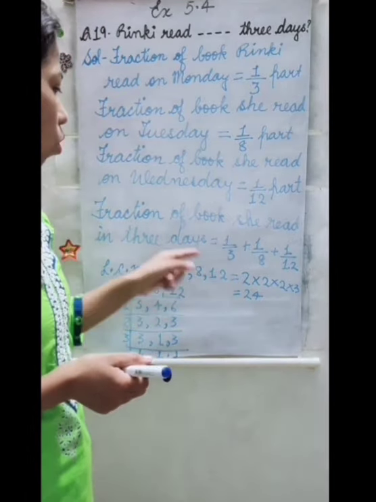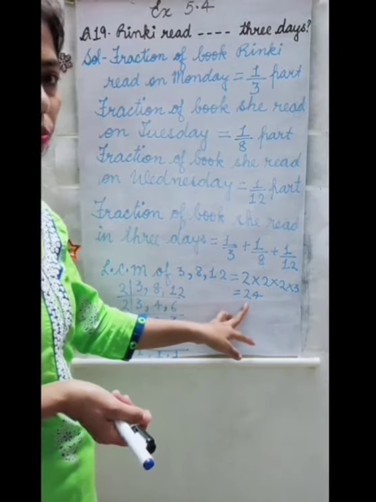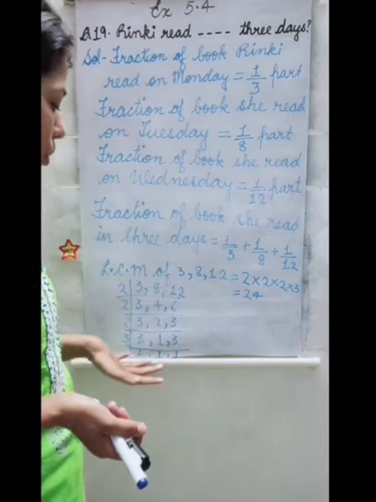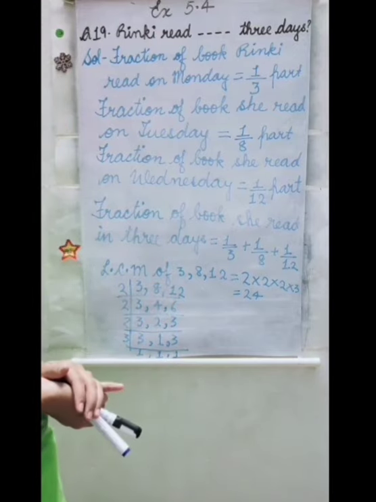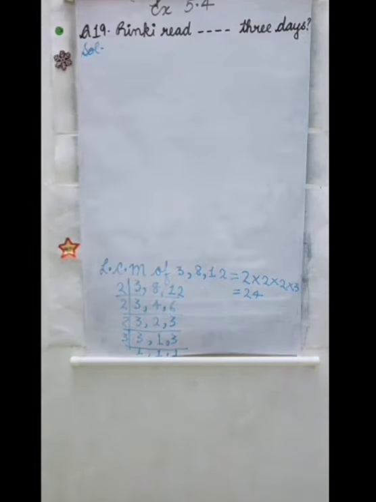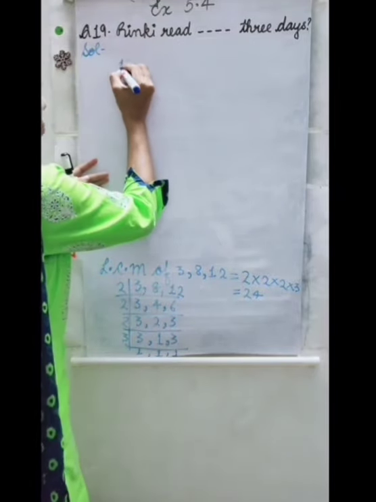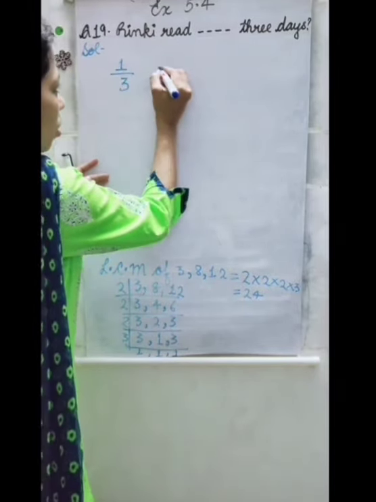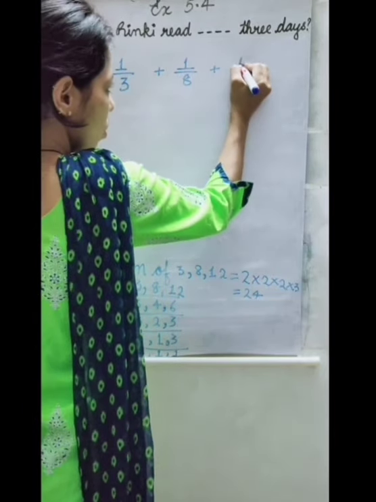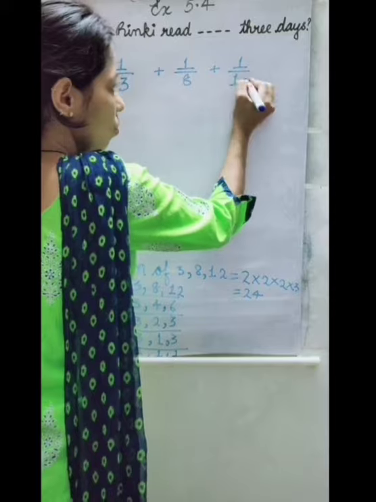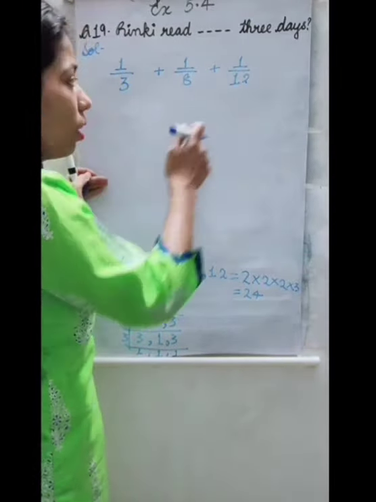Now in the next part we will change these denominators into 24. For doing that I have to erase this, so you can note it down till that time. I have erased it. First was 1/3 plus 1/8 plus 1/12.